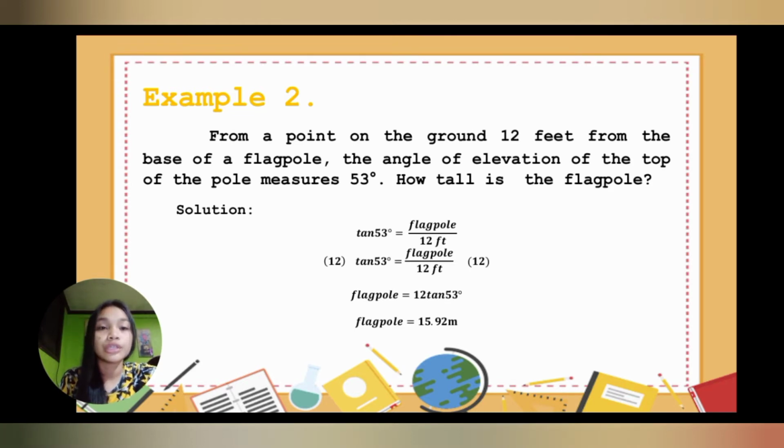So we multiply both sides by 12. Flagpole equals 12 times tan 50 degrees. To get the final answer, we multiply 12 times tan 50 degrees, and the answer is 15.92. That's how tall the flagpole is.